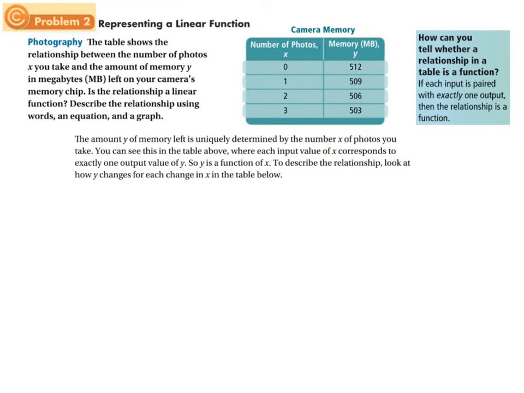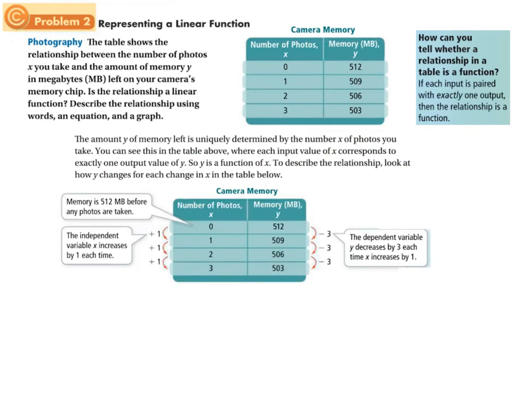To describe the relationship, look at how y changes for each change in x. There's 512 at the start, and x is increasing by 1 each time, and what's happening here is y is decreasing by 3 megabytes each time.